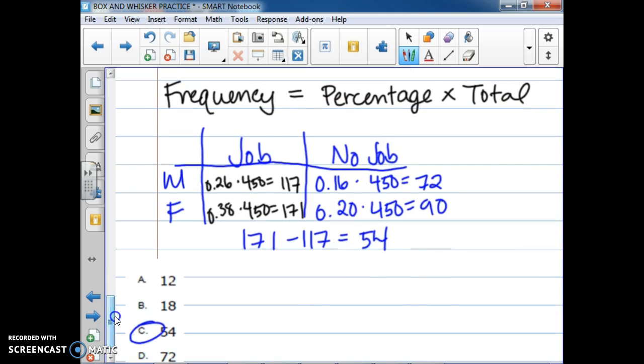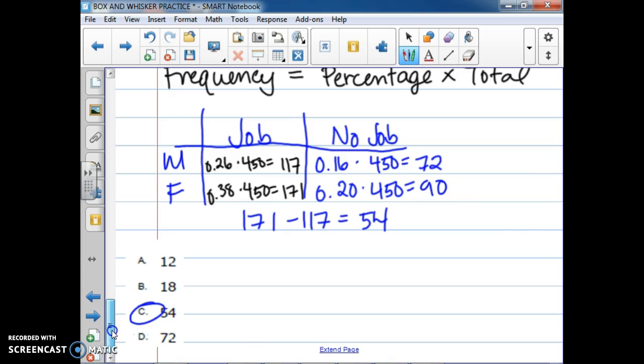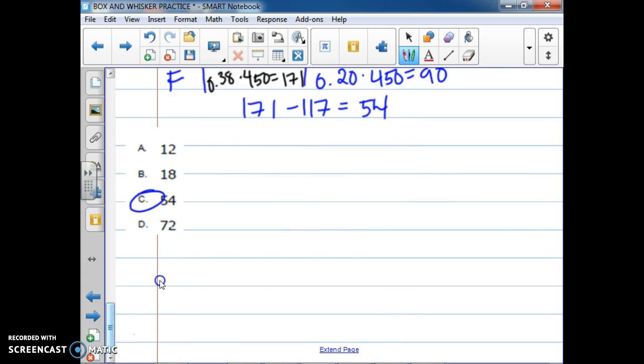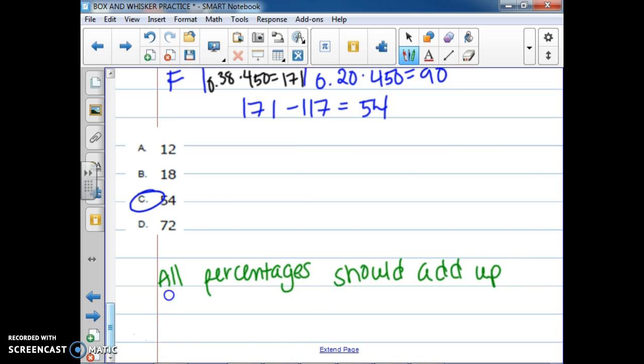And the cool thing about frequency tables is that when you add up all of their percentages, all of the percentages should equal 1. You should end up with 1 or 100%. So just go ahead and check that. Let's do that now. So all of the percentages should add up to 1, or 100%.